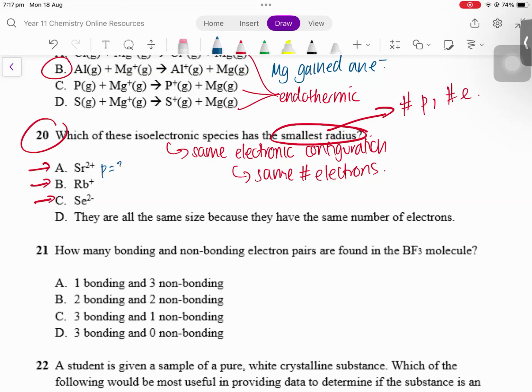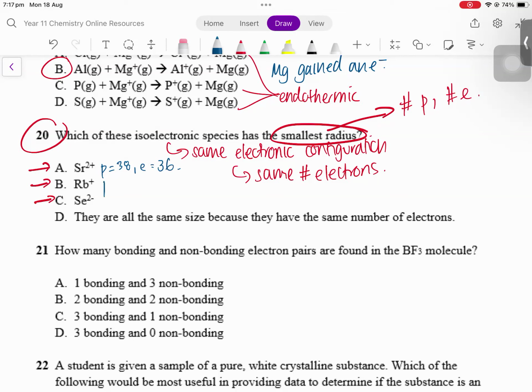And then, if it was neutral, the number of protons and the number of electrons would be the same. A 2 plus charge means that it lost 2 electrons. So it should have 38, like it does have 38 protons. But if it's Sr2 plus, it lost 2 electrons. How many electrons does it actually have then? 36 instead of the 38.